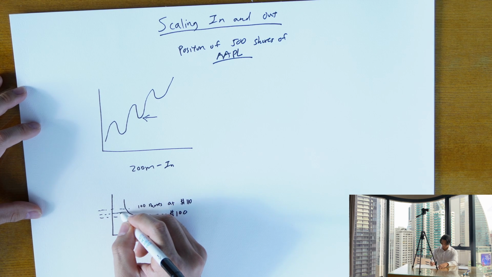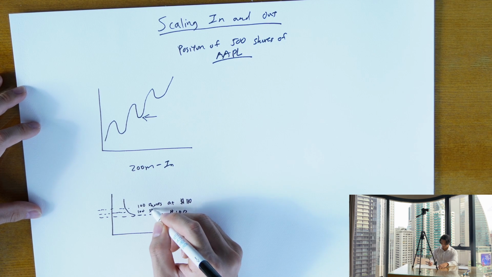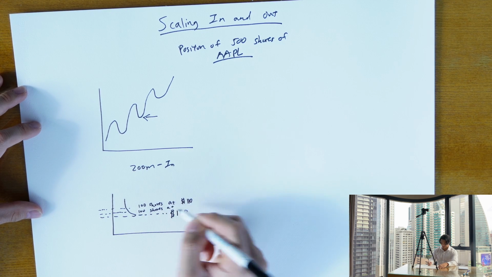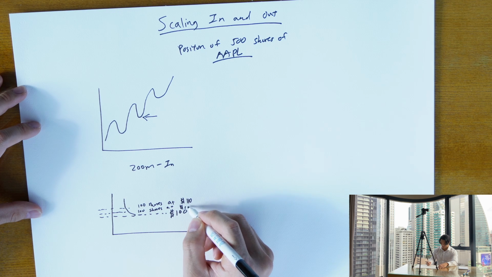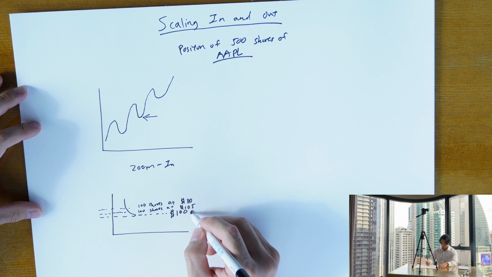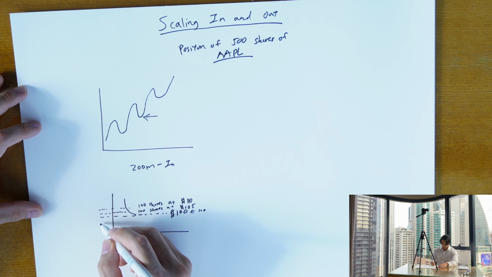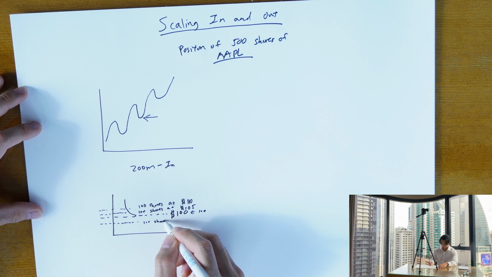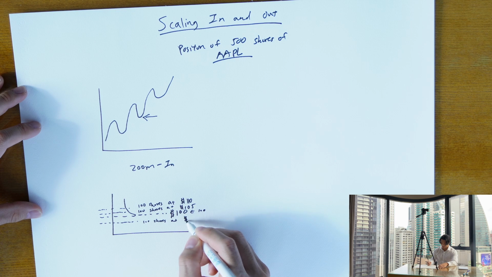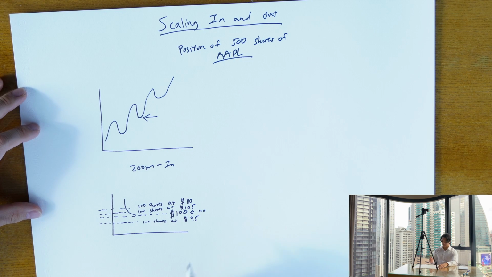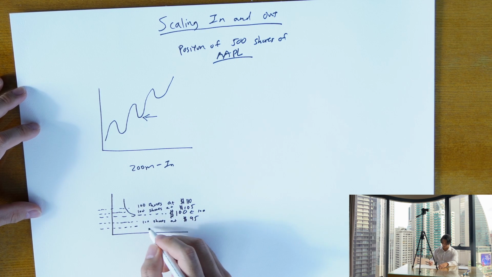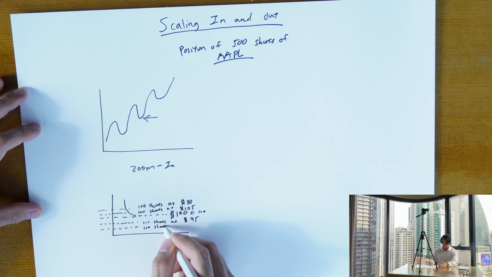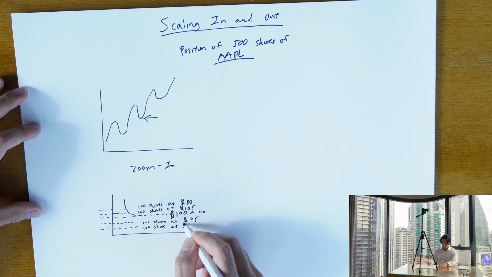And I'll put another 100 shares at $105, right? And I'll put 100 shares here, and I'll also put 100 shares at $95, right? And finally, I will put a 100 share buy order at $90.